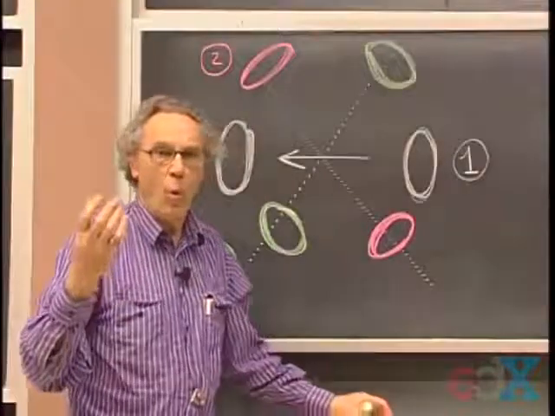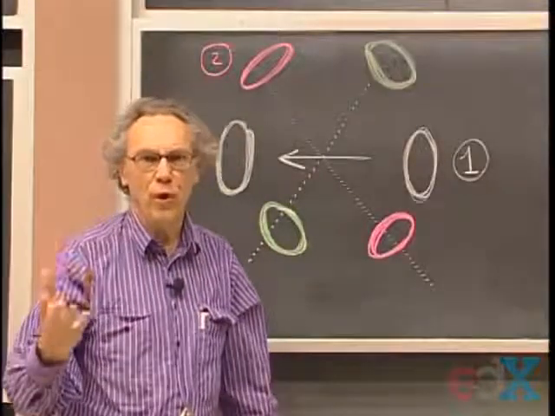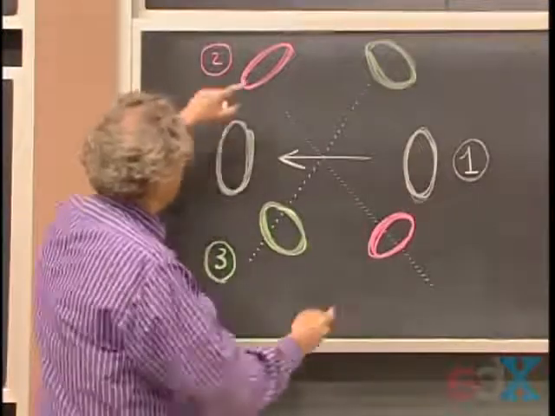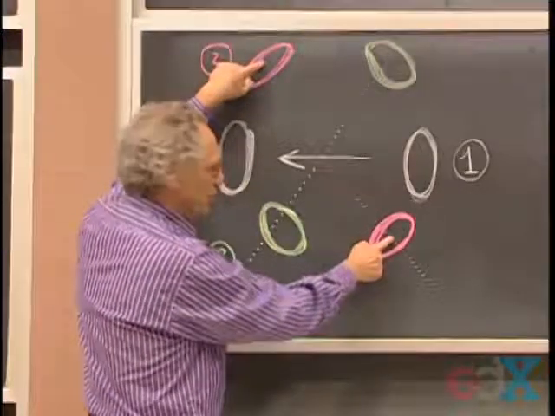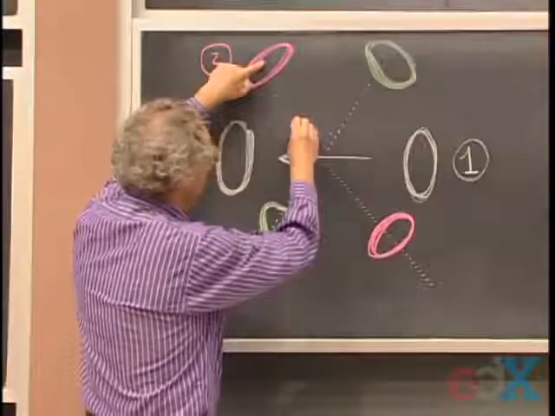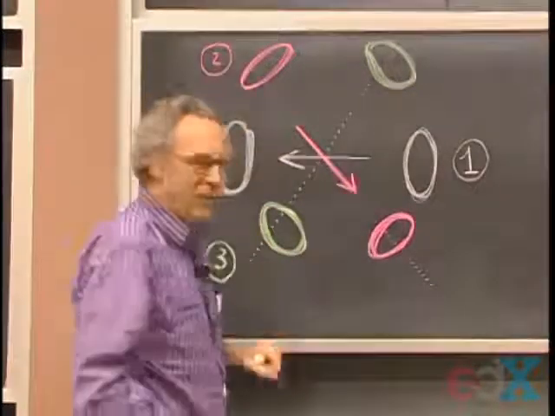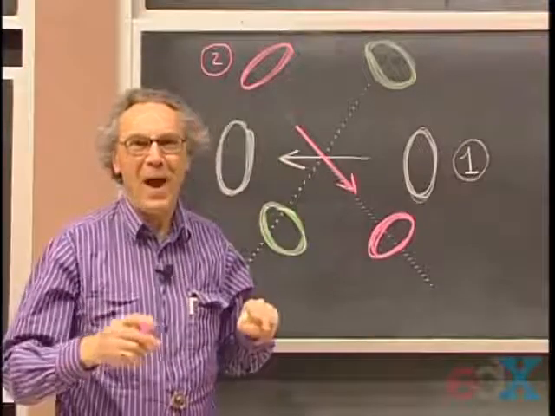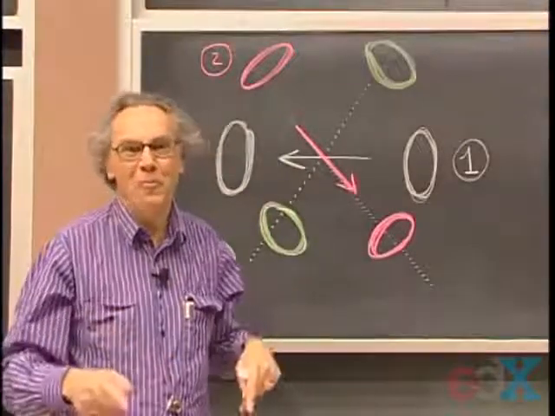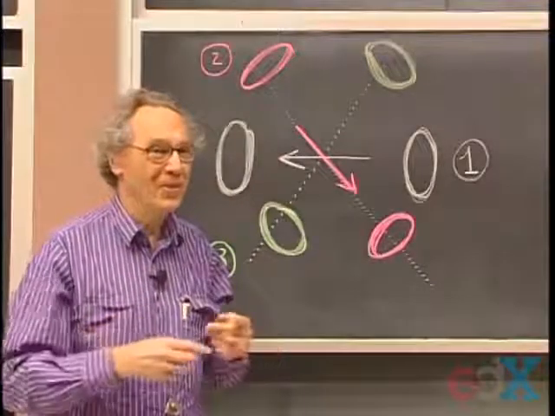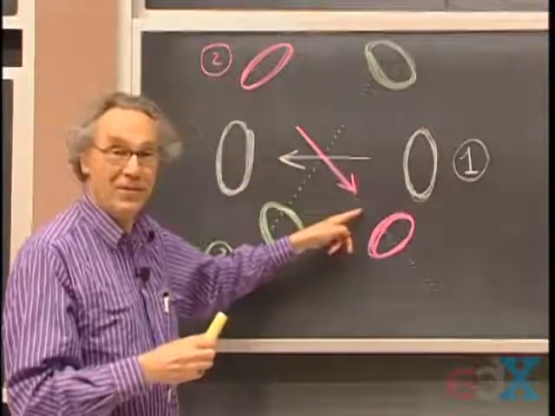Let's now look 1/3 of a period later in time. Now the current in loop number 2 reaches a maximum. So its magnetic field is now in this direction. And you guessed it, of course, that it just so happens that the vectorial sum of the magnetic field produced by the other 2 loops is now also in this direction.